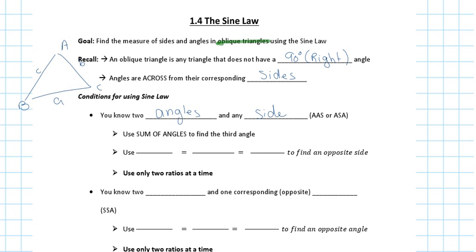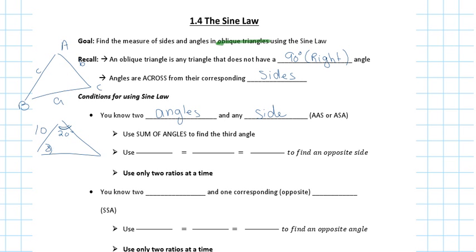Now, remember that when I know two angles, I can find the third in case I need it. Let's say I give you this angle, which is 20, and this side, which is 10, and this angle here, which is 80.